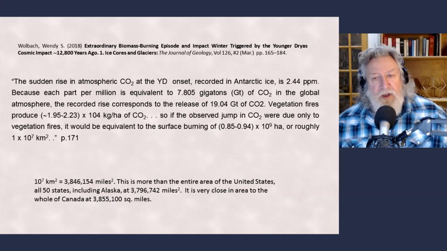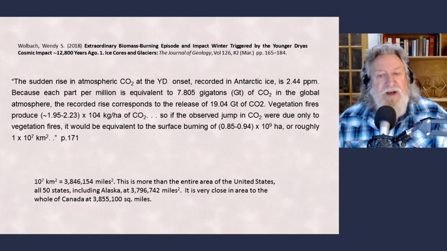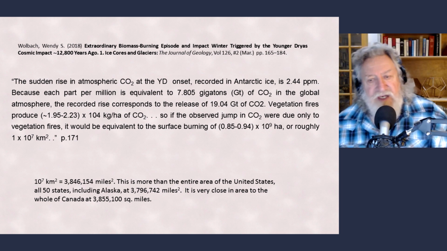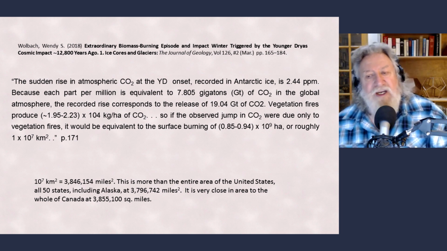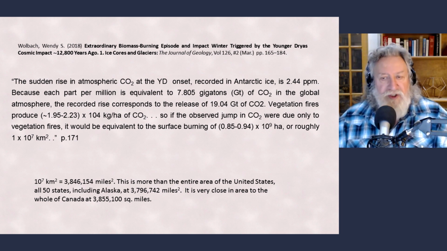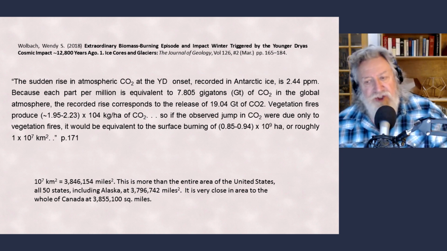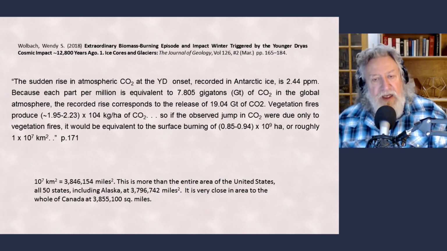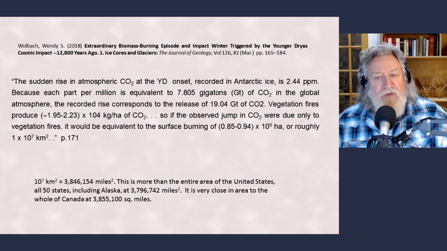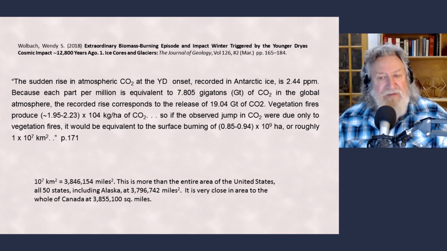Well, let's just conclude with my last extract from this particular paper. Here, towards the conclusion, they're saying that the sudden rise in carbon dioxide at the Younger Dryas onset, recorded in Antarctic ice, is 2.44 parts per million, because each part per million is equivalent to 7.805 gigatons of carbon dioxide in the global atmosphere.